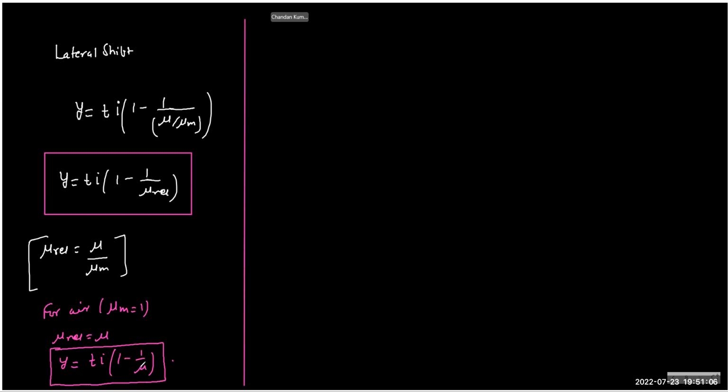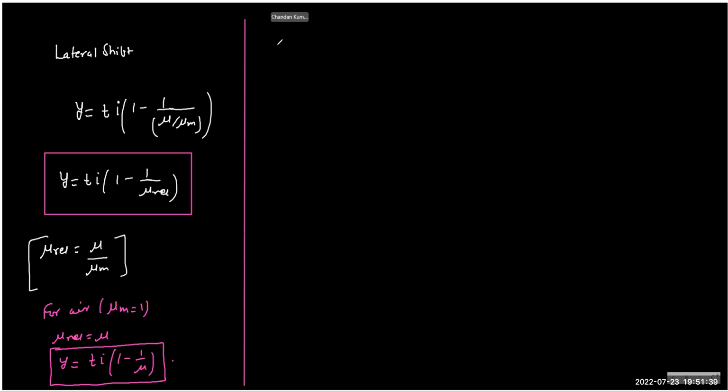And if mu will increase, y will increase. If mu will increase, 1 by mu will decrease, which means 1 minus something will increase, which means y will increase. So all factors will increase y, right?